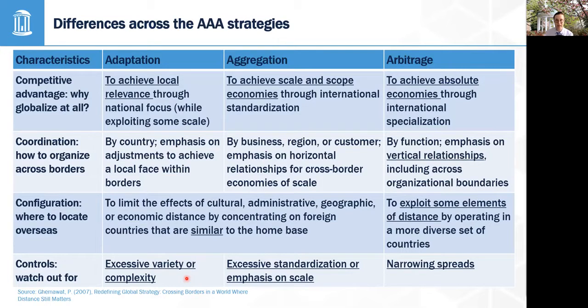And if that does not increase willingness to pay more than you're increasing the cost, that adaptation is not adding value. At the other extreme with aggregation, you can risk excessive standardization or emphasis on scale. Sometimes you can make small changes and still get a lot of economies of scale, but have a pretty good impact on willingness to pay.